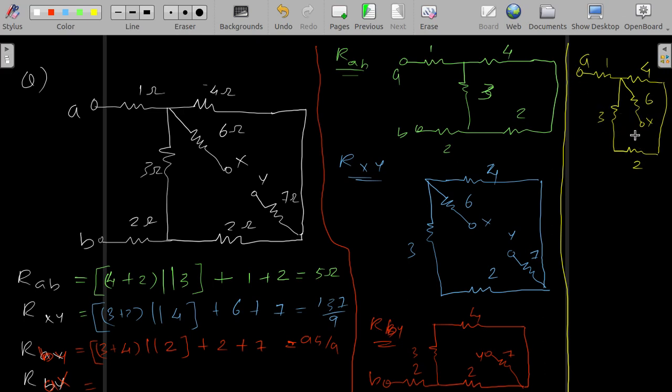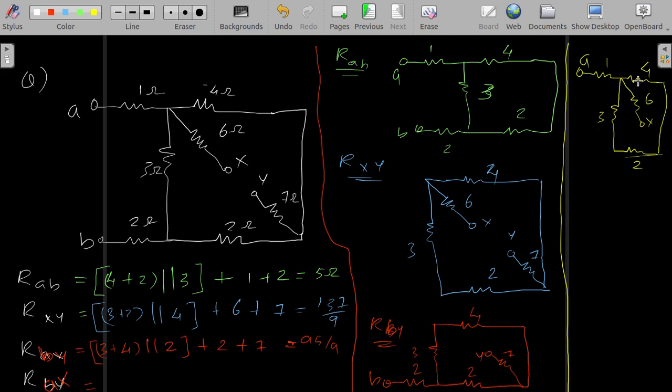So this is AX. So what happens here, when the current comes here, the current can go this way or this way, but the thing is that this is a closed loop, right, and current won't flow and come like this and go like this or anything.